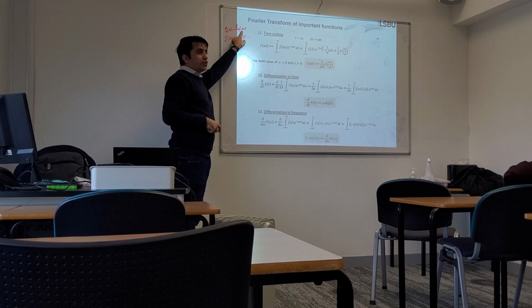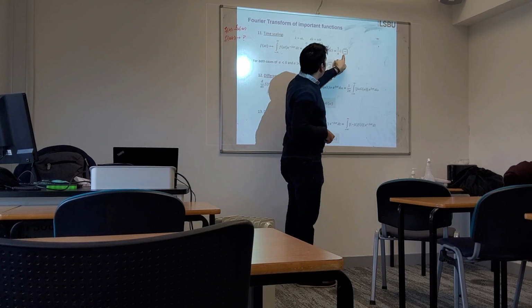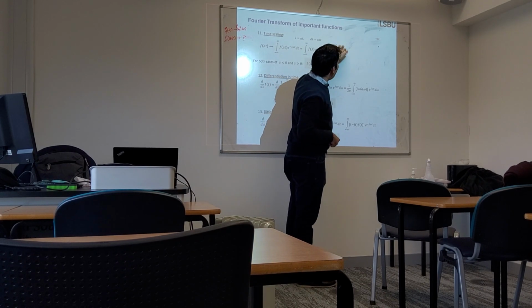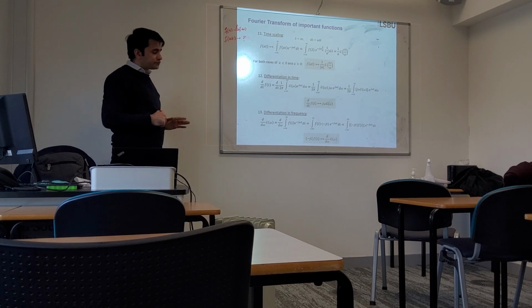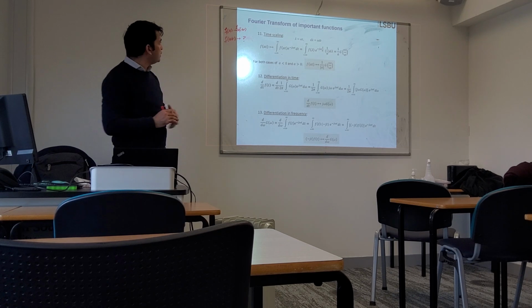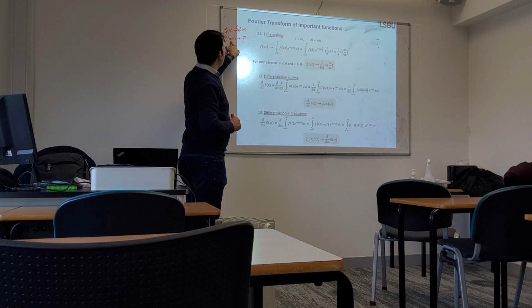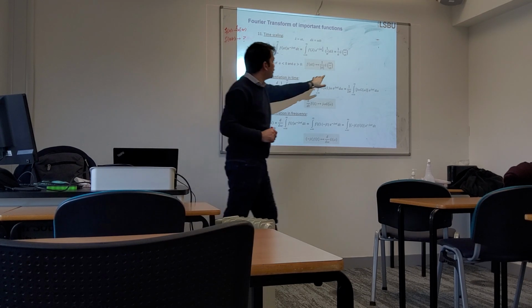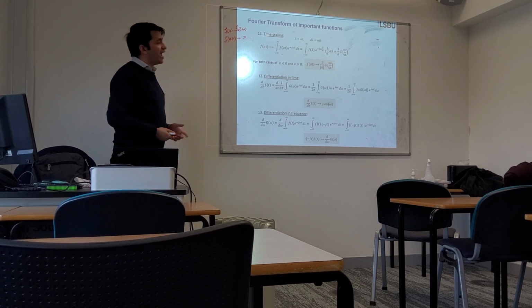It's simple: we divide by a in front of the actual Fourier transform, and instead of omega we use omega by a. So when we want to find the Fourier transform of a scaled function, we divide the whole Fourier transform by a and also divide the frequency by a. And again we have a reasoning for this.